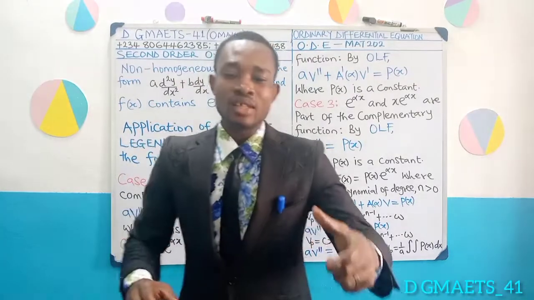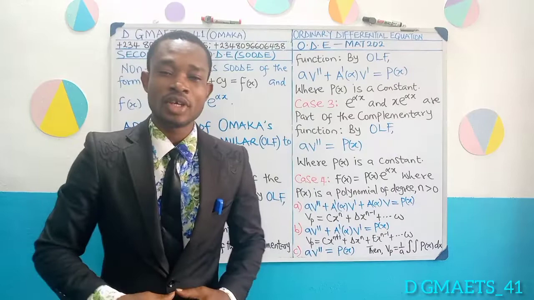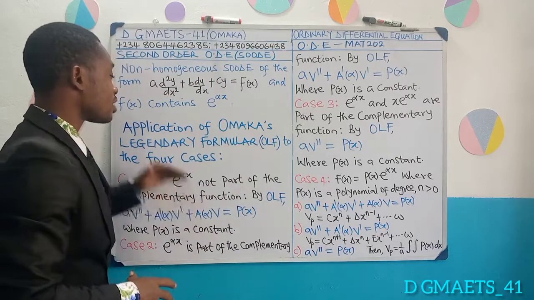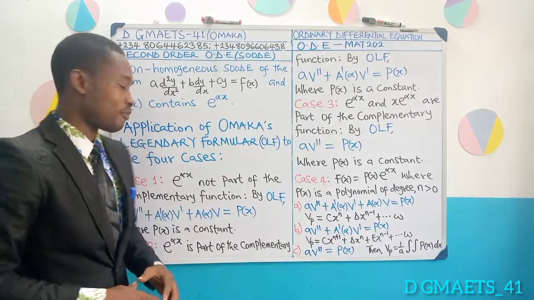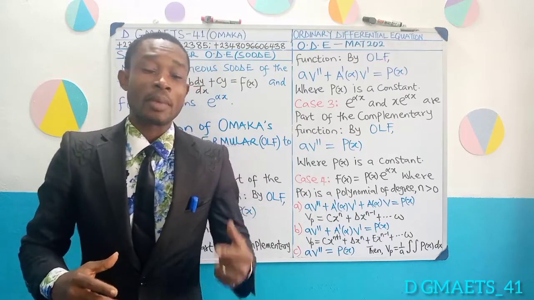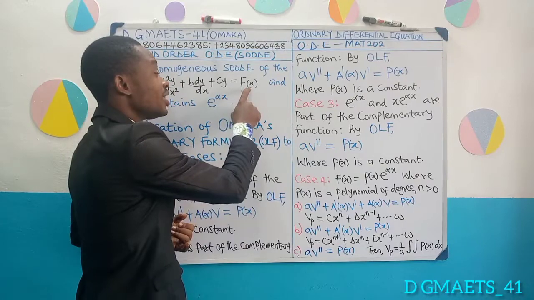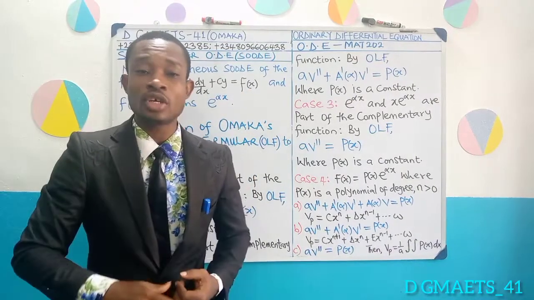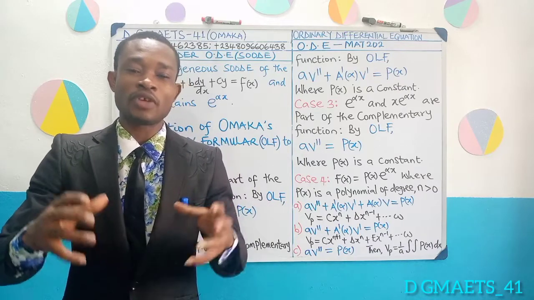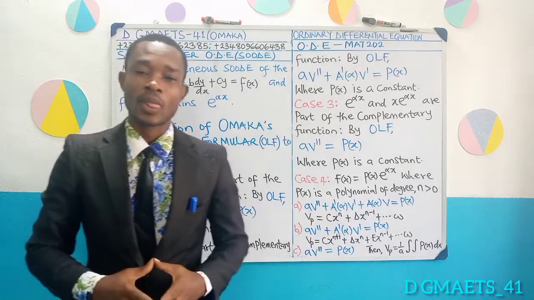Having formally and successfully introduced the Omaka's legendary formula, it is now time we look into the application of the Omaka's legendary formula, OLF, to the 4 cases that we've been treating. Remember the 4 cases. Case 1, when the exponential term in the f of x of the non-homogeneous SOODE does not appear in the complementary function of that non-homogeneous SOODE.